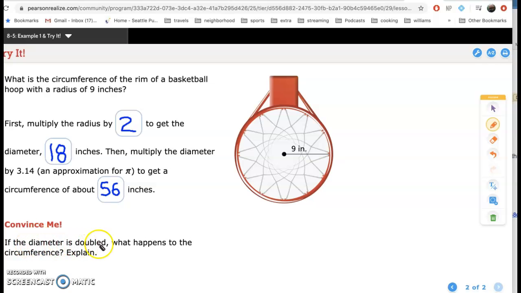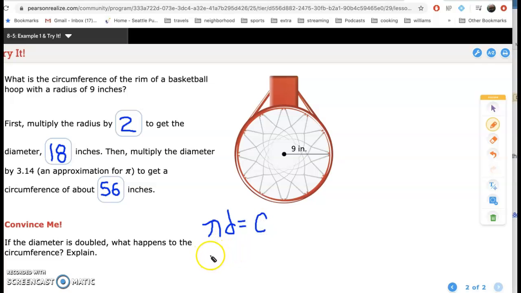Now if the diameter is doubled, what happens to the circumference? Explain. So that means I'm going to take the diameter, which we found is 18, and my formula is pi d equals circumference, right?